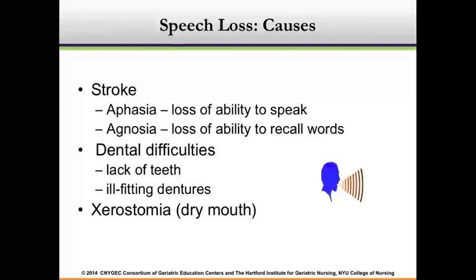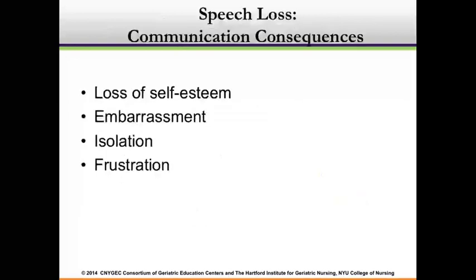So these are very important causes of speech problems. And if you have speech problems, you're just less likely to talk. You're only going to talk when you absolutely need to. And again, these are some of the communication consequences: loss of self-esteem, embarrassment, isolation, and frustration.